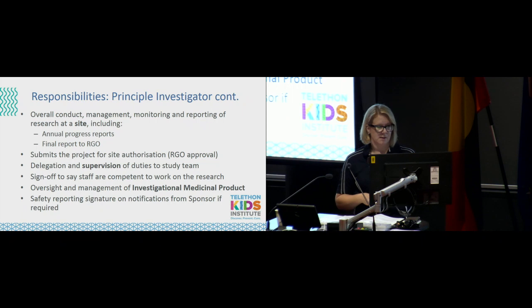They are delegating and supervising people that are running the study and the study team. They sign off also to ensure that they are competent to work on that research, and that's probably the most important document that I'll talk about in a sec.